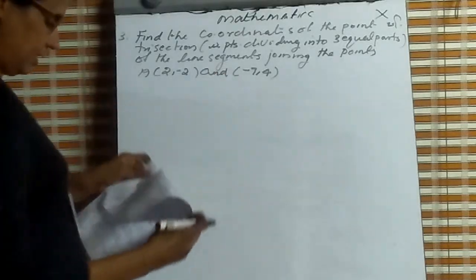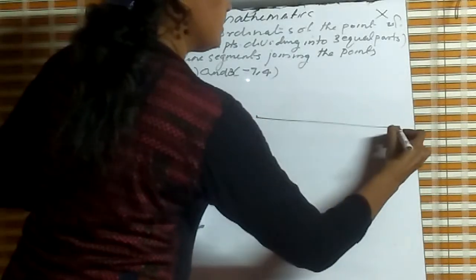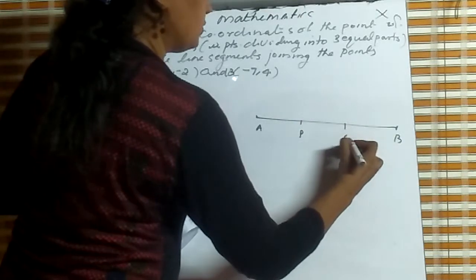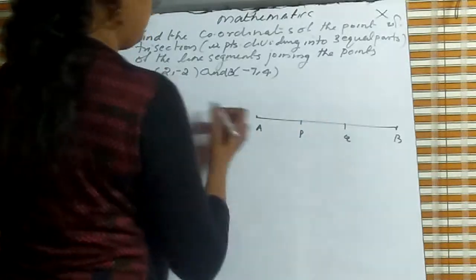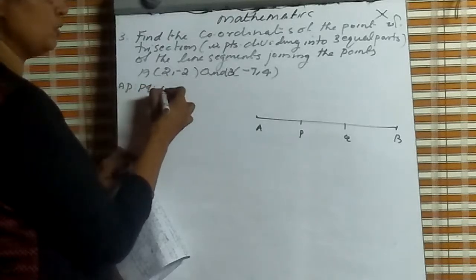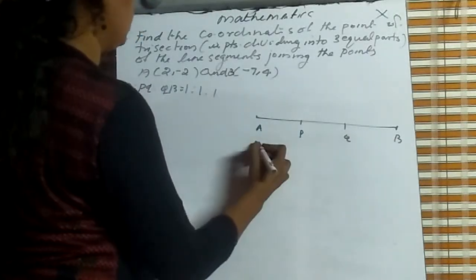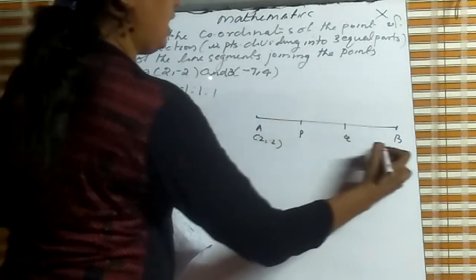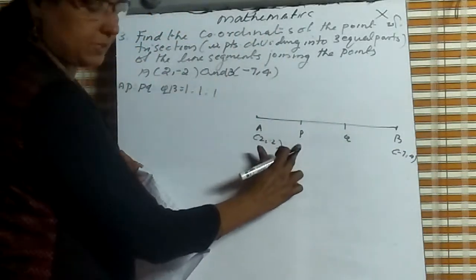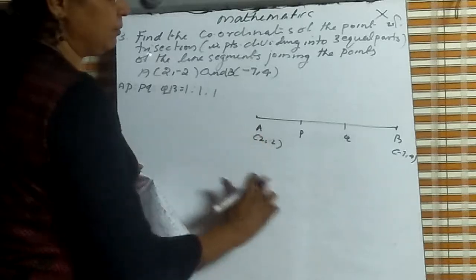Here the line segment is AB with A(2, -2) and B(-7, 4).